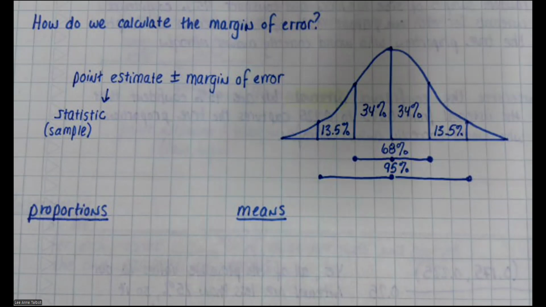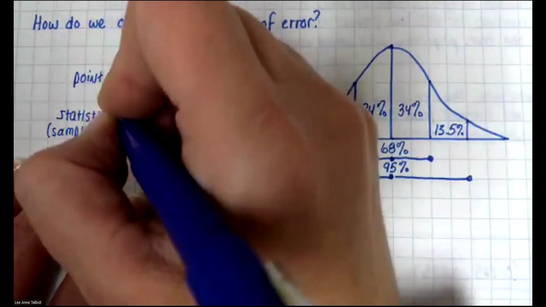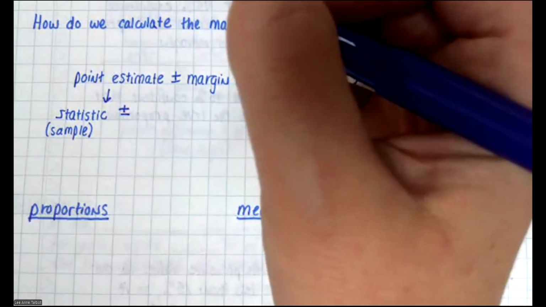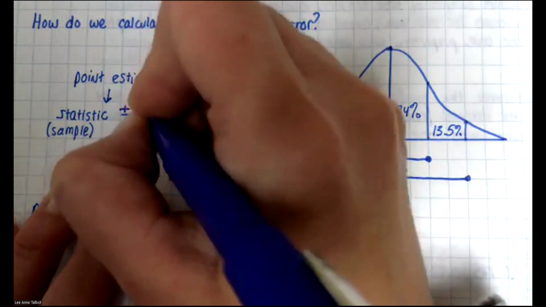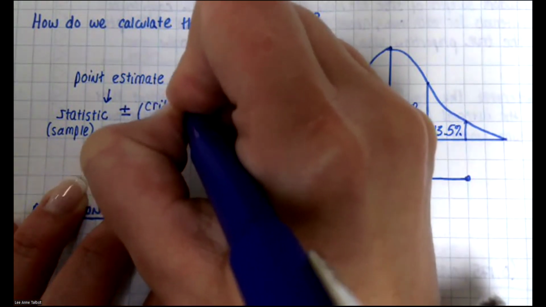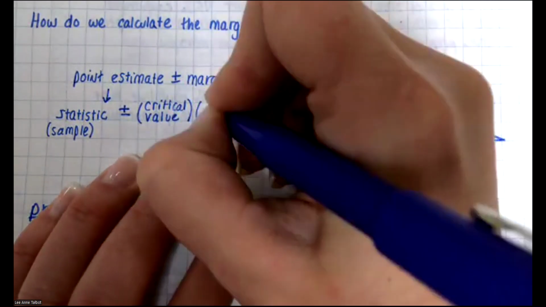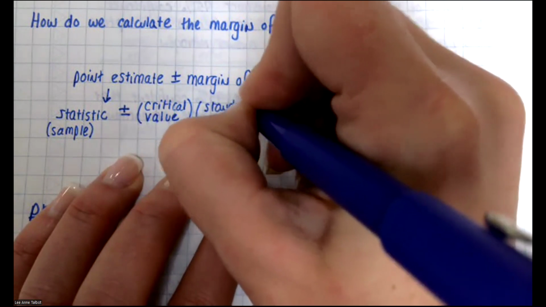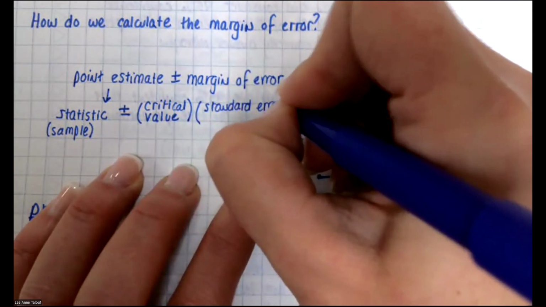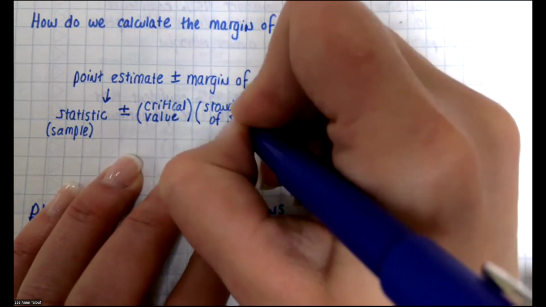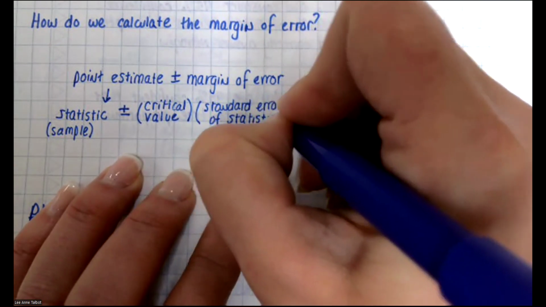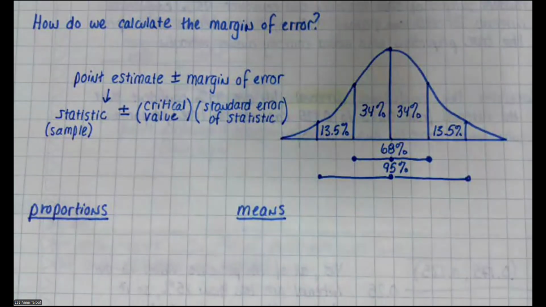So like 0.25% blue M&Ms in your sample. Plus or minus. Okay, and then it says in parentheses, critical value, which we need to define, times standard error of statistic, which we also need to define.